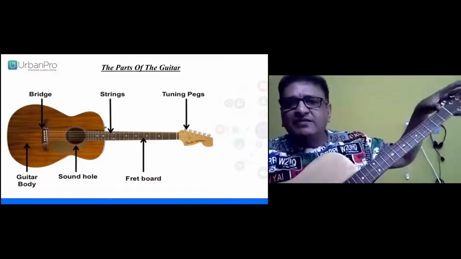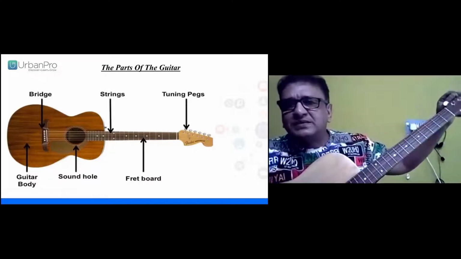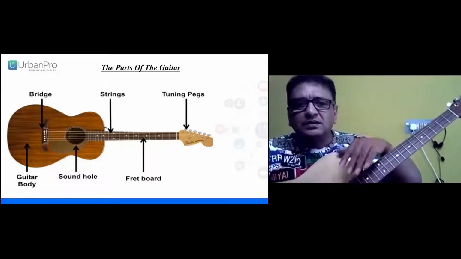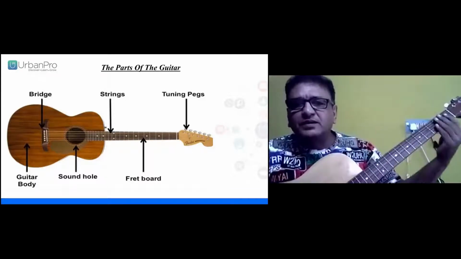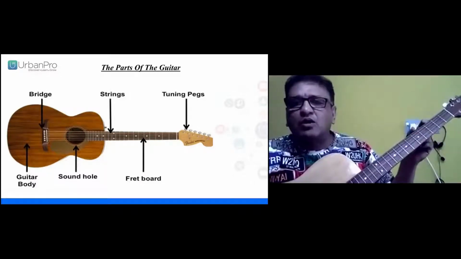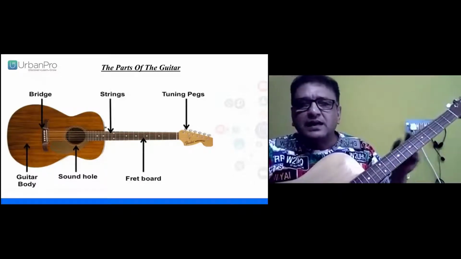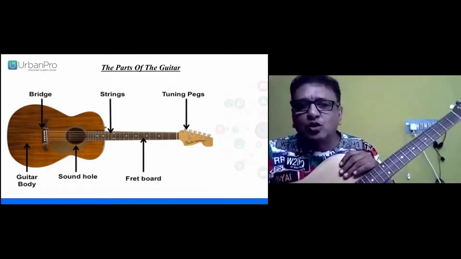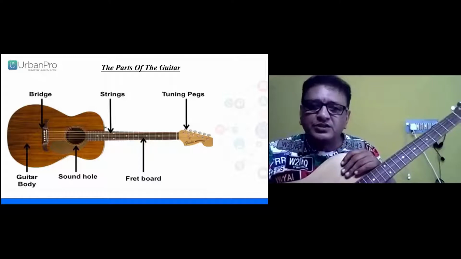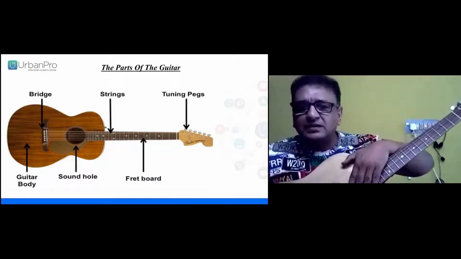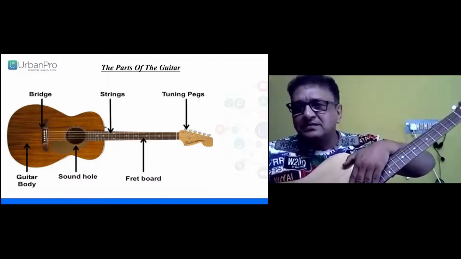On the head, you have these tuning pegs that handle the 6 strings on the guitar. On the neck, you have the fret board, where these boxes in a row are called frets. And on the body, you have the sound hole and the bridge that holds down the 6 strings of the guitar at this end.